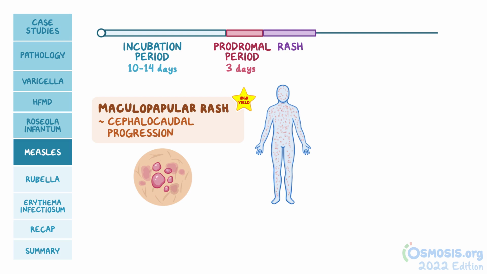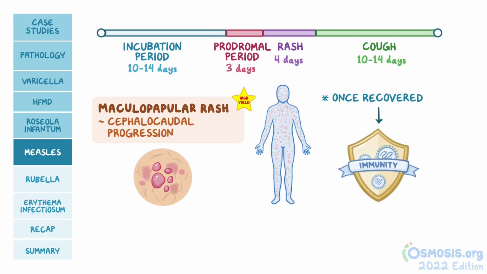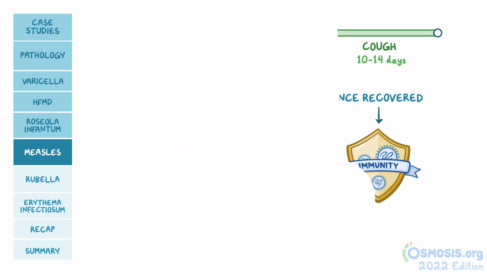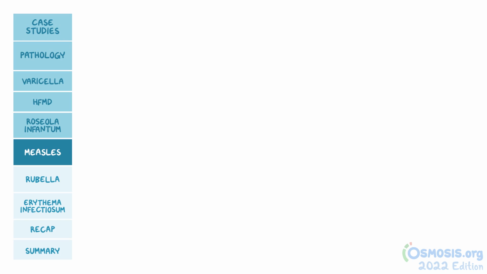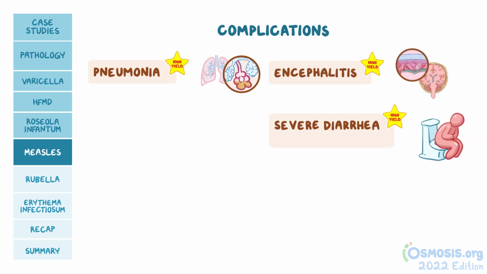This rash eventually fades after about 4 days, leaving behind a persistent cough that can last for another 10 to 14 days. Once someone has recovered from measles, they have lifelong immunity. Now, in rare cases, measles can lead to complications such as pneumonia, encephalitis, or severe diarrhea that may result in dehydration.